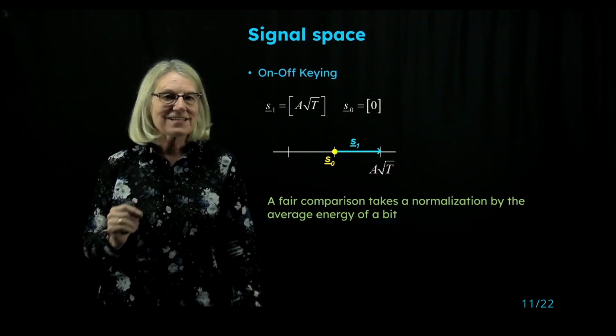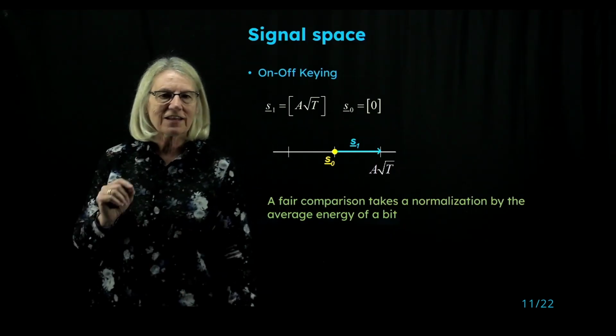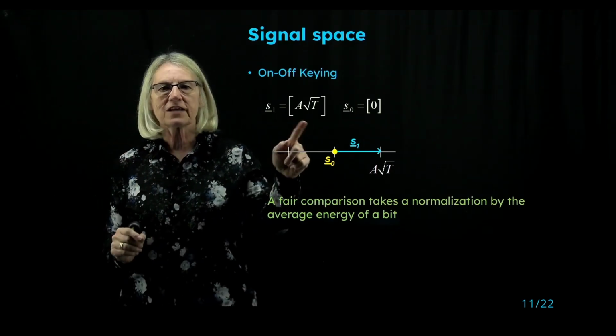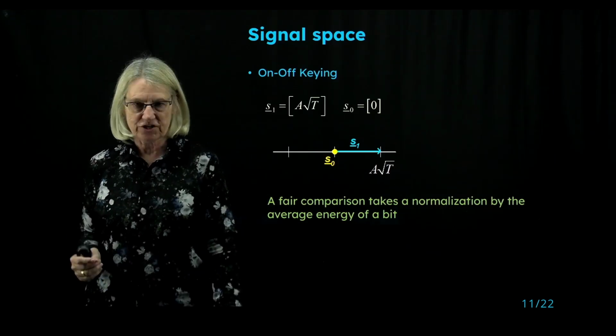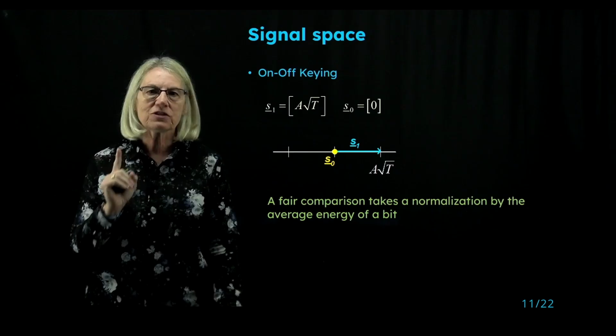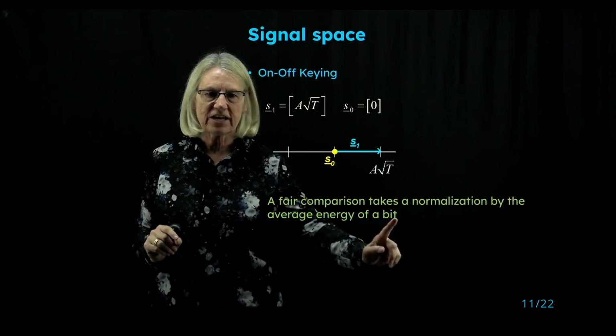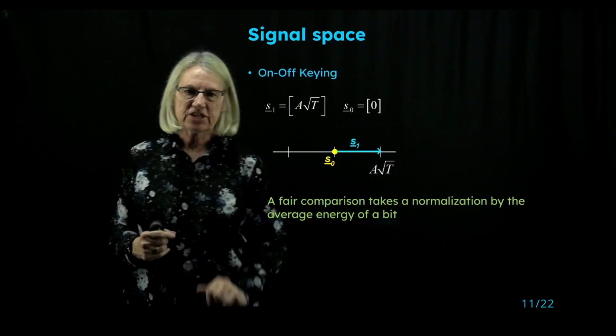The last step of getting to signal space, I'm not really in signal space yet, is to make the coefficients not based on amplitude and pulse duration, but parameterized by the average energy per bit.